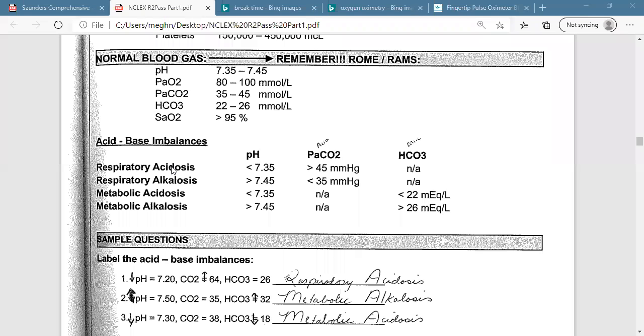So respiratory opposite, metabolic equal. Let me analyze metabolic first. Metabolic equal: for metabolic acidosis and metabolic alkalosis, they said equal.